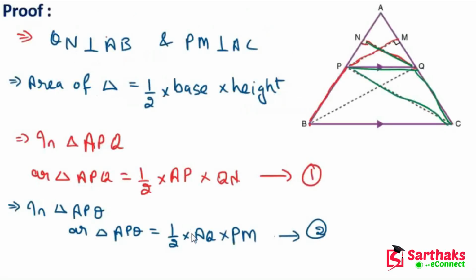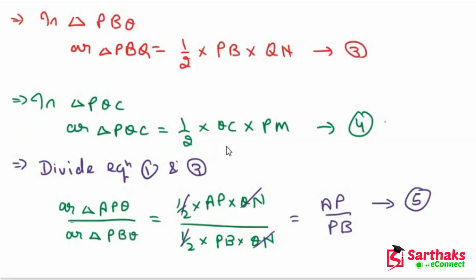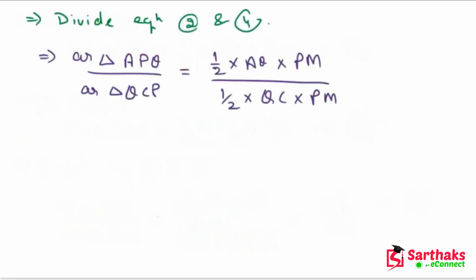PM and PM cancel, and the halves cancel. So we get AQ upon QC. This is our sixth equation.